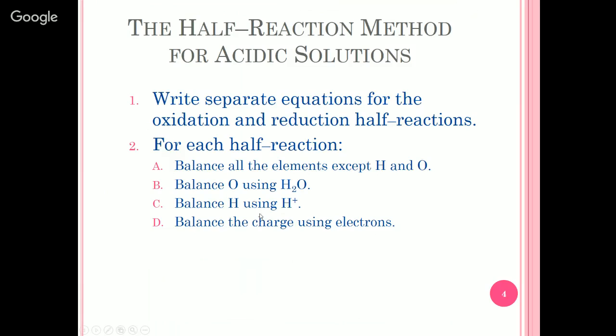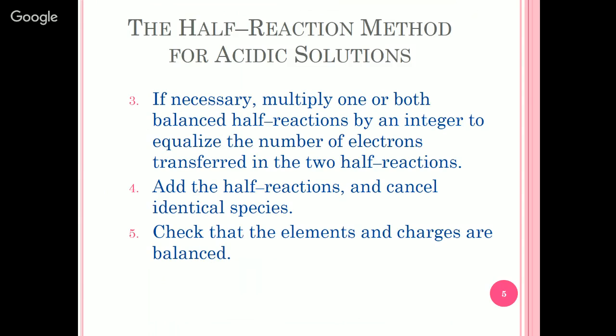Once I've done that, then I'm going to look at counting up my total charge, and we're going to balance those charges by using electrons. So keep in mind, when we're balancing those half reactions in terms of charges, you look at the total charge. All elements, I like to call standalone metals, any of your diatomics, anything that is in its elemental form always has a charge of 0.